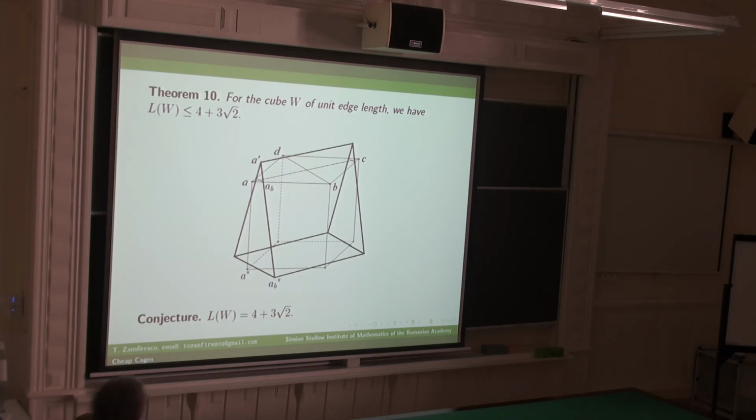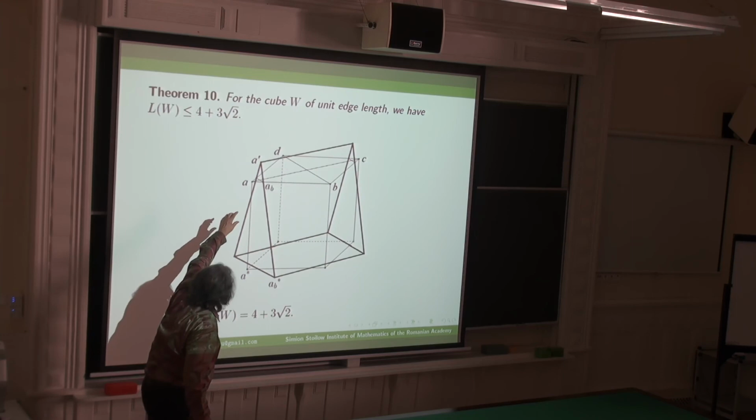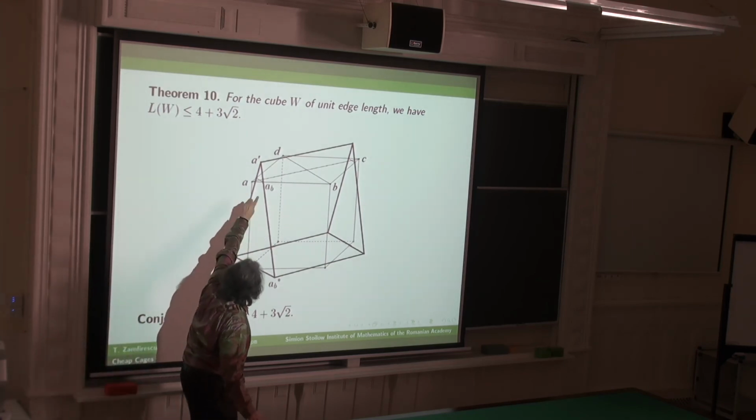And now this is the last thing. For the cube, I will present this as a problem this afternoon. For the cube of unit edge length, we have this: L is at most 4 plus 3 square root of 2. How is this made? In the following way. Here these things are small, and also this is small.